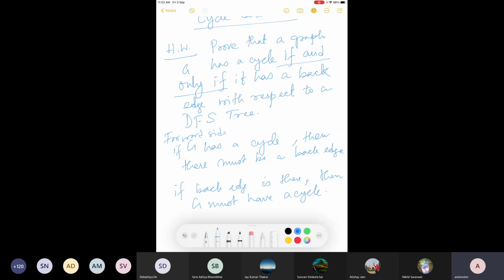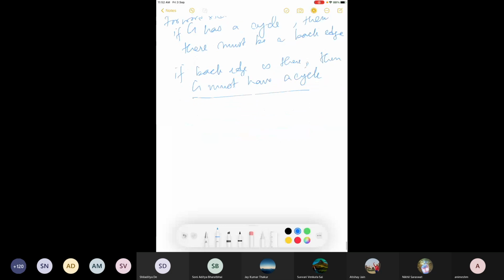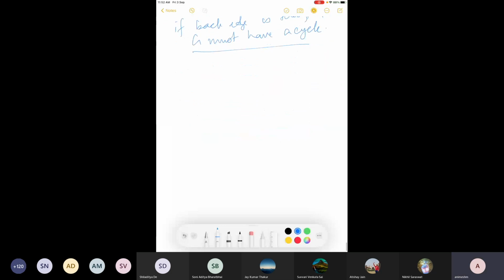So you have to prove both sides. Try this. Let me know on this team chat whether you are able to do it. If not, I'll show you.